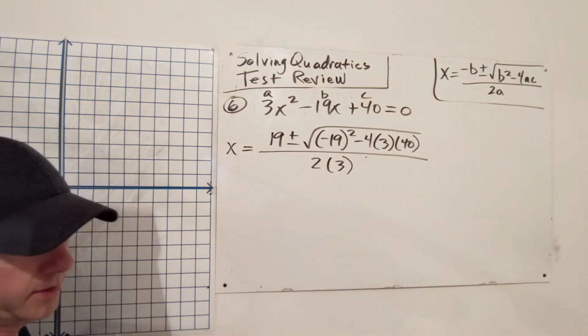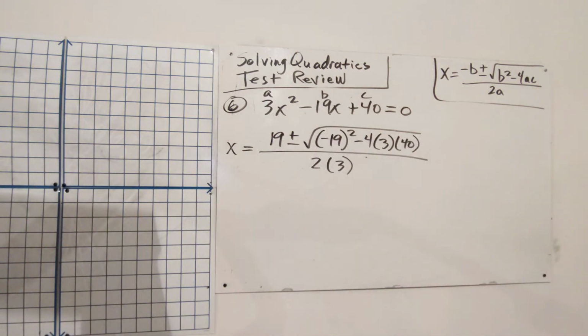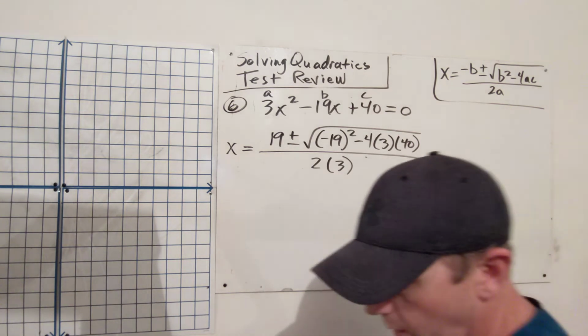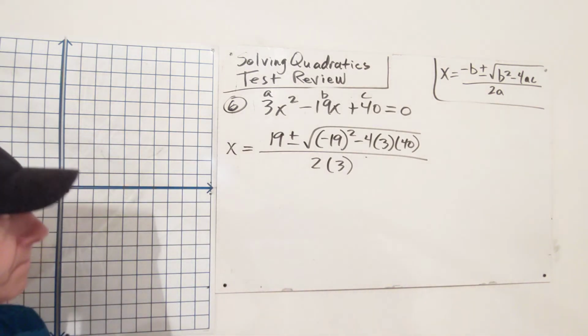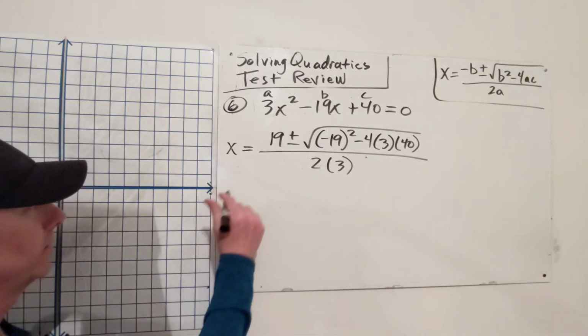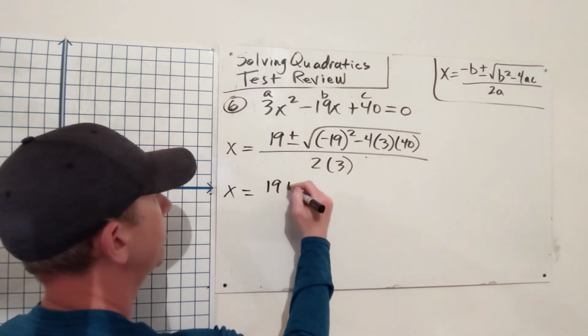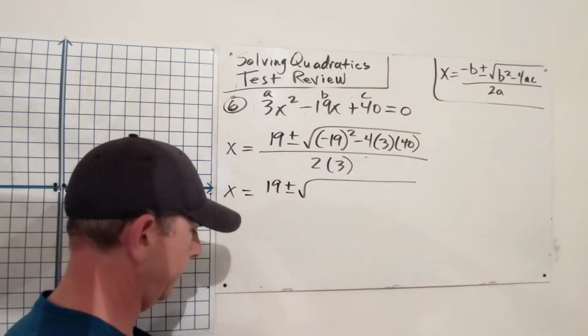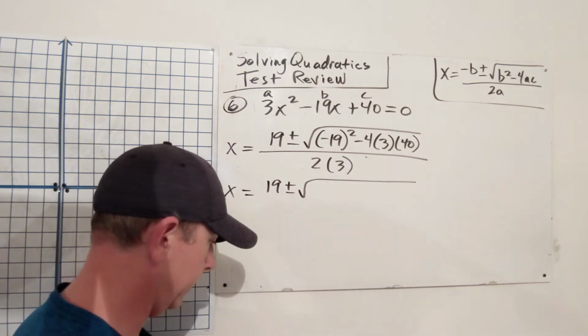Okay, now this one in particular is tough because you're going to want to use your calculator, which I should have had ready to go right there. So we're going to rewrite this as 19 plus and minus the square root. Now, negative 19 squared, so use your calculator.